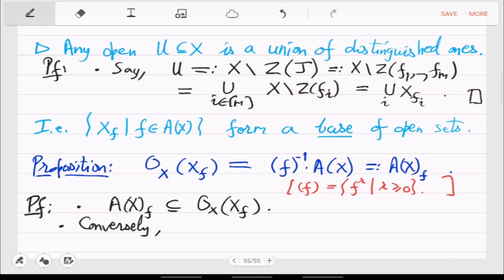So conversely you take, let us say, phi in O of X_f, and we have to show that this phi is just like g over f to the r. So let us look at the possible denominators, this h that I am talking about.